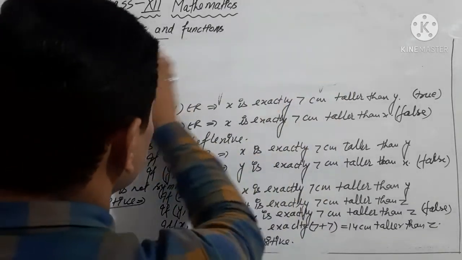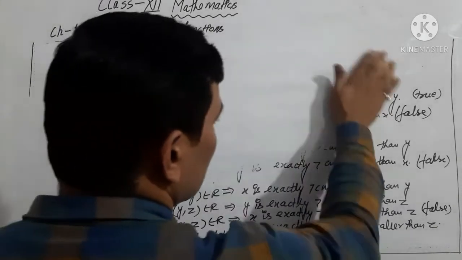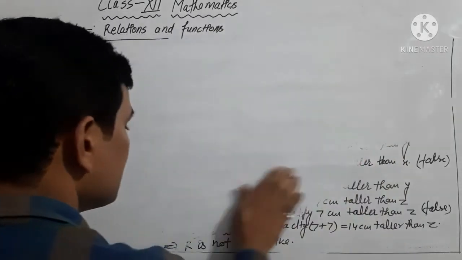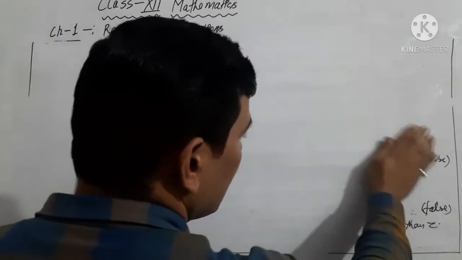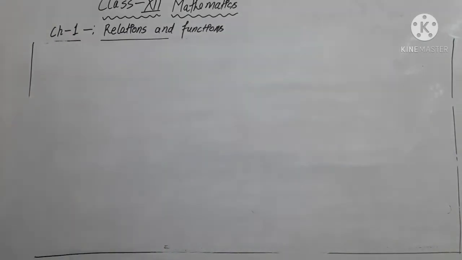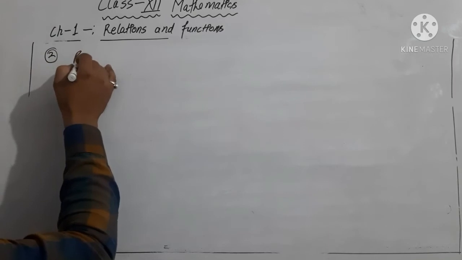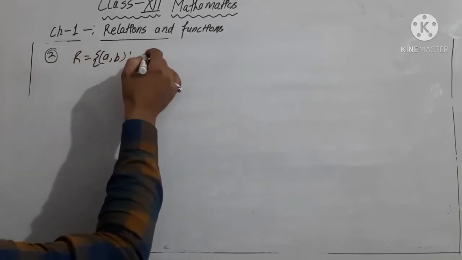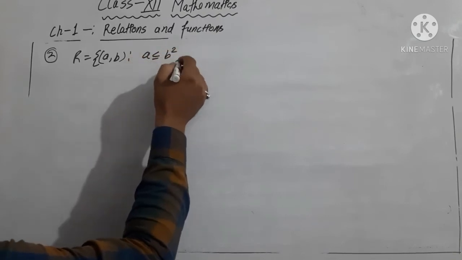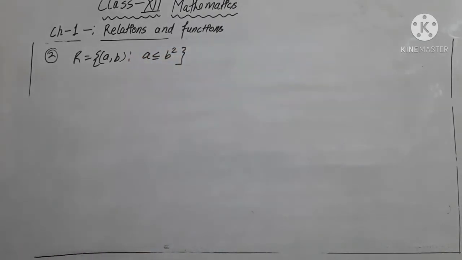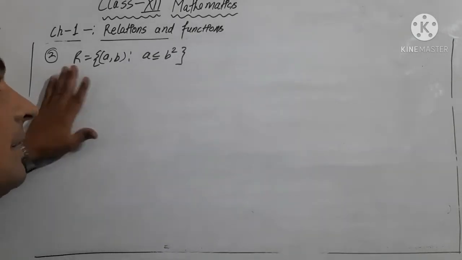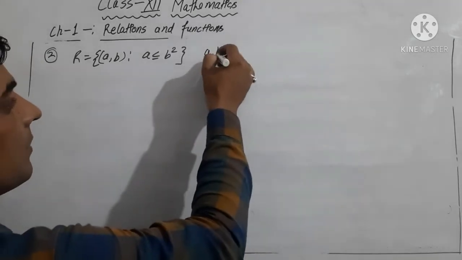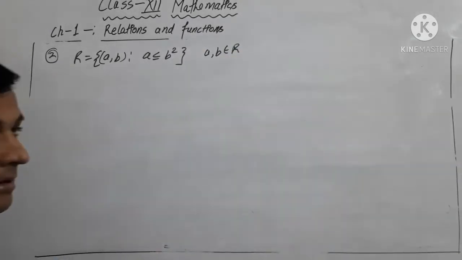What is the question? The question is that relation R is in the set of real numbers and relation R is defined as R equals {(A, B) such that A less than or equal to B square}, where A, B belongs to real numbers.